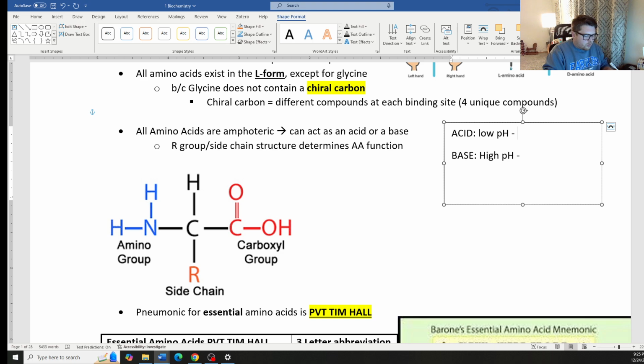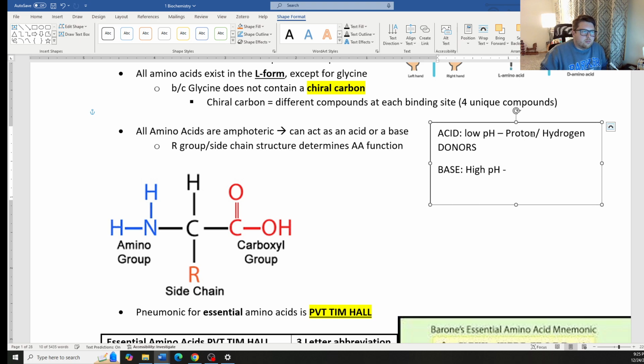Acids are what we call proton, also known as hydrogen, donors. So they are giving up hydrogens into the solution, which is why it becomes more acidic. Bases are either proton or hydrogen acceptors, so they grab onto hydrogens, neutralizing them, or they can also be called OH donors.